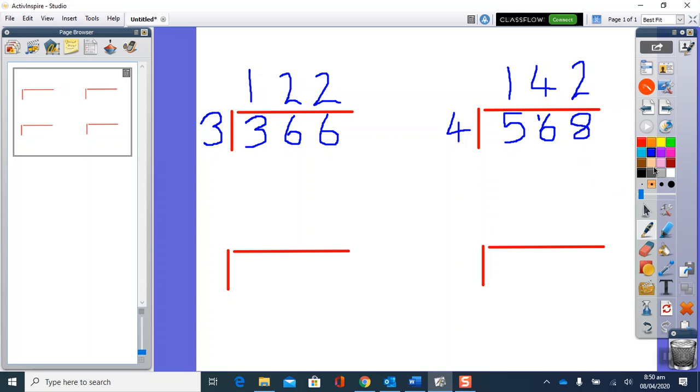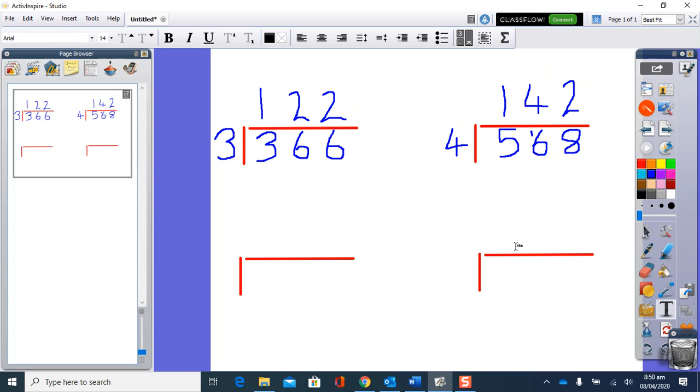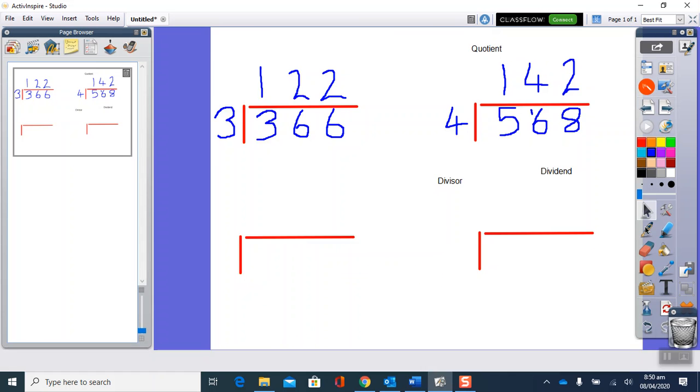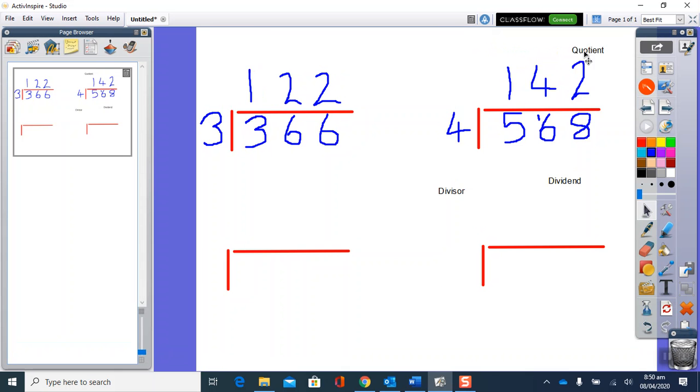All right, now I'm just going to label this very quickly. Okay, so we've got our divisor. We've got our dividend, and we've got our quotient. Okay, and all of this language is important to know.